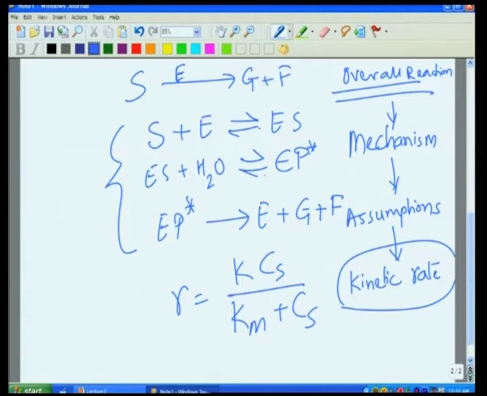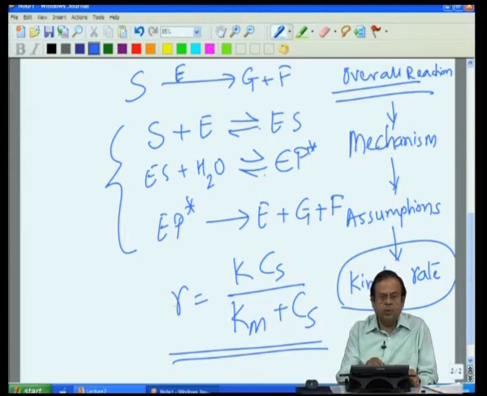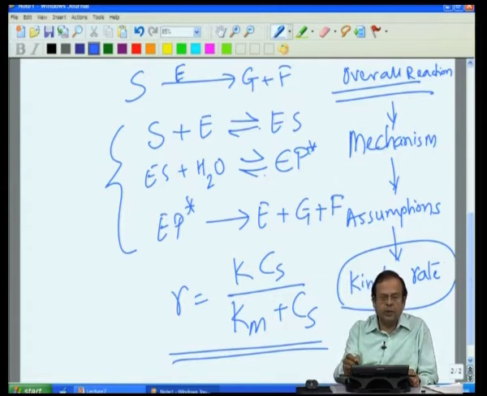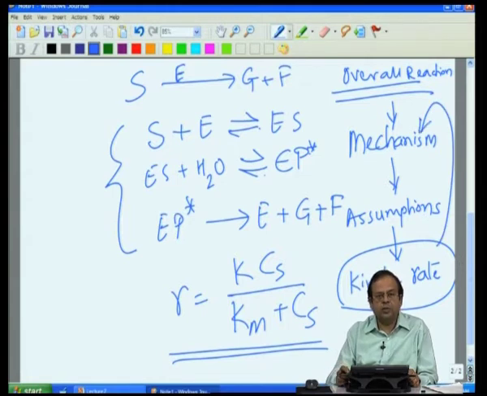If I write a mechanism of this reaction and I cannot experimentally verify that this is the correct rate, that is, I experimentally measure the rate of hydrolysis, I experimentally measure the sucrose concentration and see whether this kind of expression applies to that experimentally determined rate, and it does not, then I have made a mistake either in writing the mechanism or in making certain assumptions, and therefore I will have to go back to my mechanism step and rework so that I get a consistent kinetic rate expression.